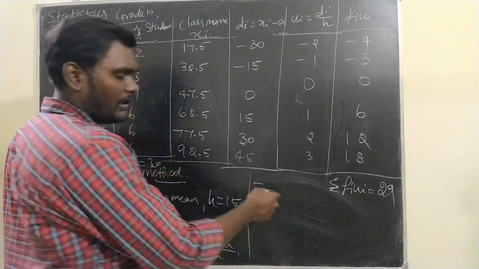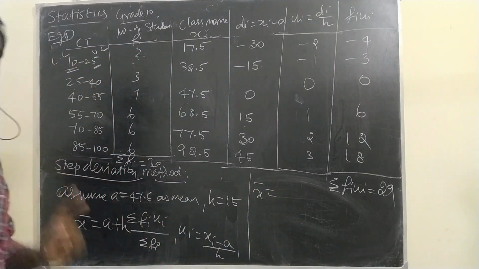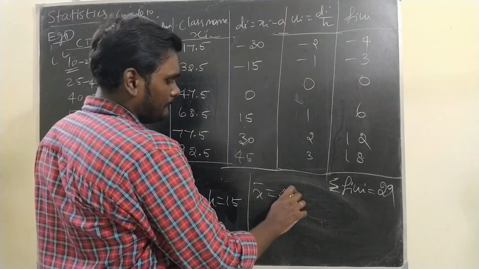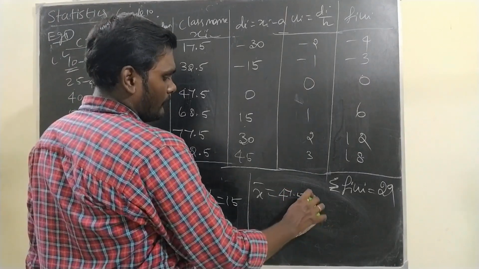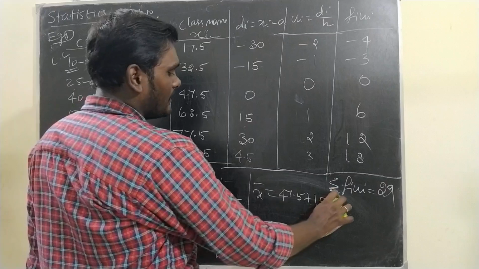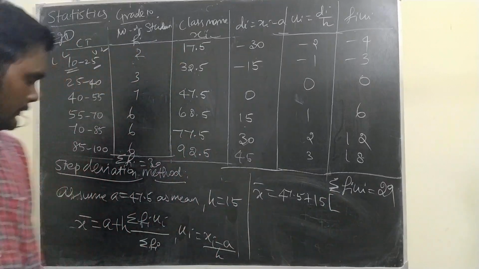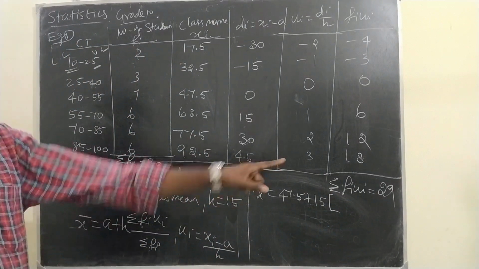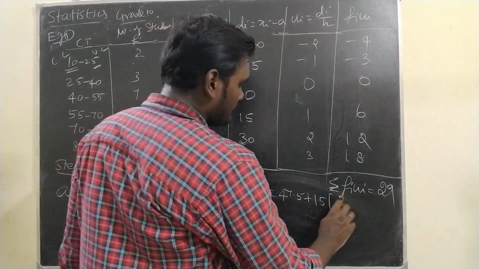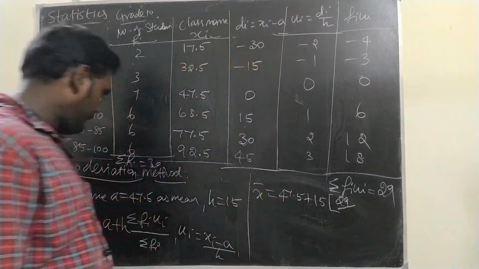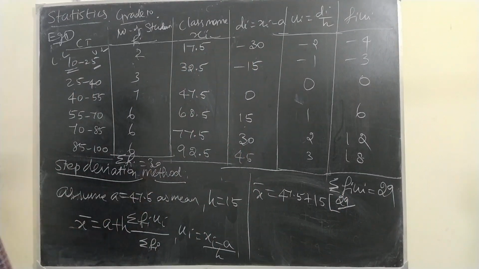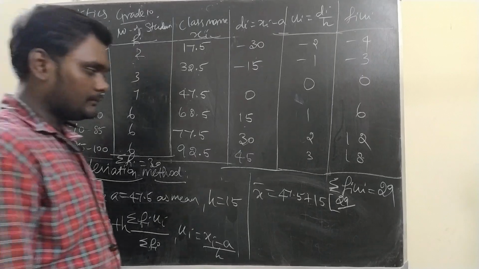So x bar is equal to a. What is our a, the assumed mean? 47.5, plus h into, h is 15, into summation fi ui by summation fi. What is fi ui? 29. Summation fi, that is 30.